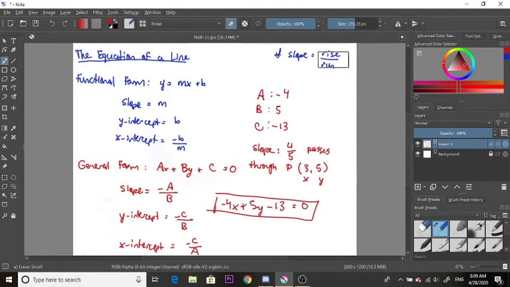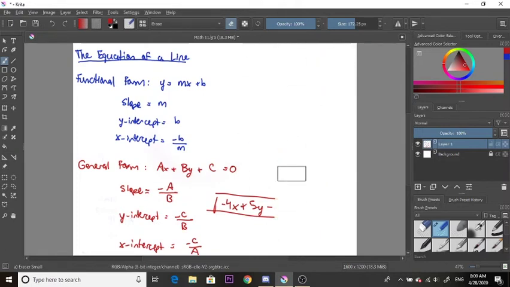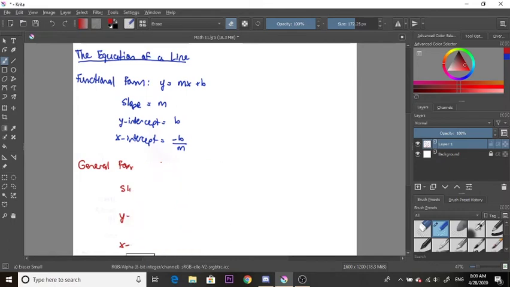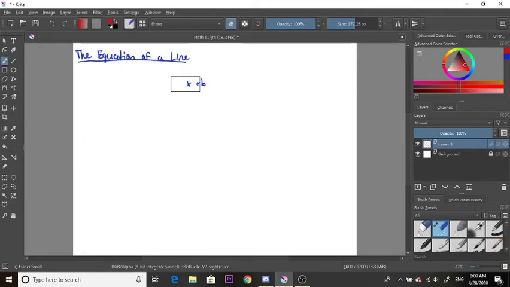So let's take a look at yet another example just to kind of solidify everything here. I'm just going to erase this all so that I have the adequate space.